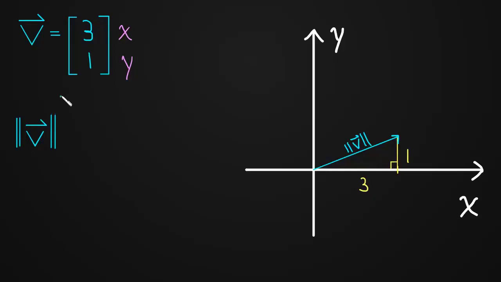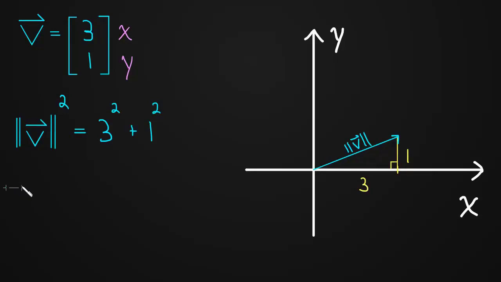The length of v squared is equal to the 3 squared, the base squared, plus the height squared. So 3 squared plus 1 squared. This is a direct application of the Pythagorean theorem.